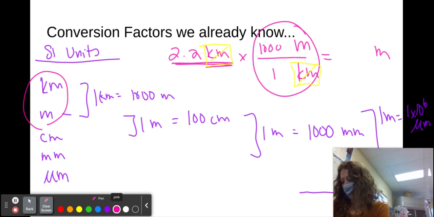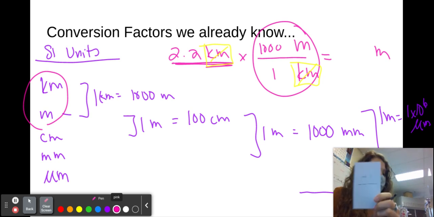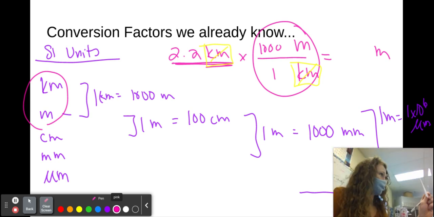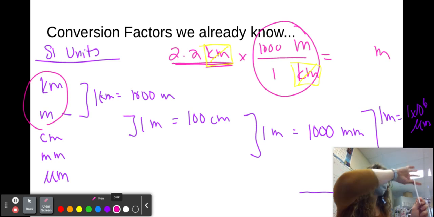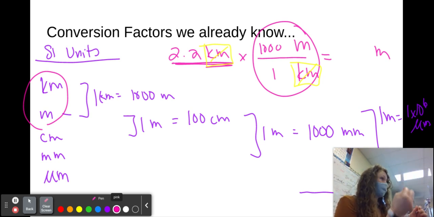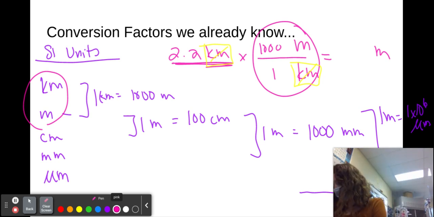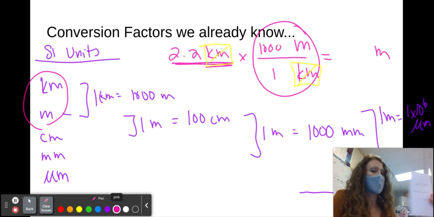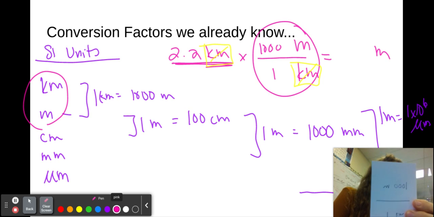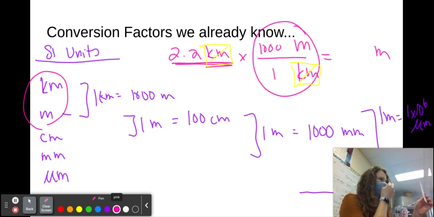So if I put 1 kilometer on top, like I've done, right? What I'm going to do is I'm going to flip it upside down and write 1,000 meters. I'm doing it on a big card so that they can see it. Yes, you're supposed to rip them. It's better to have little cards.